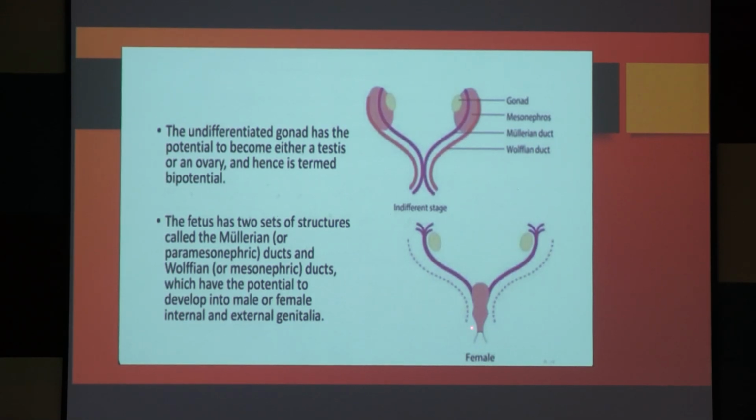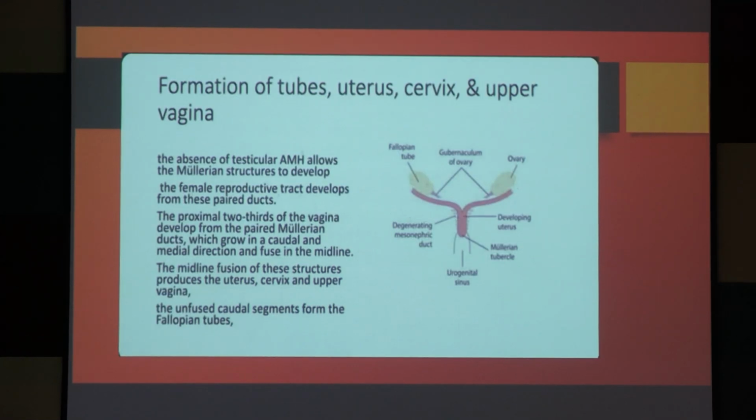At the junction of the urogenital sinus, there is formation of the vaginal plate.